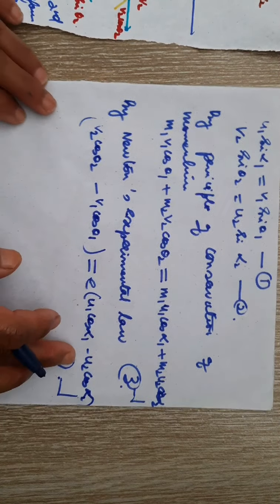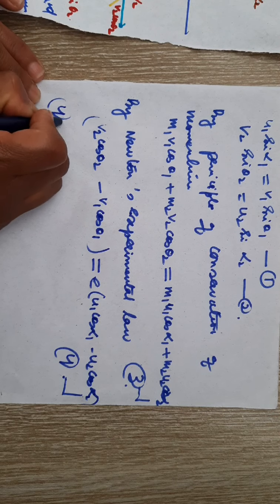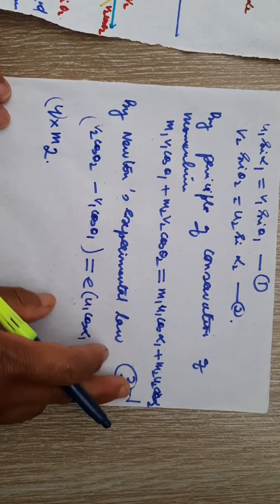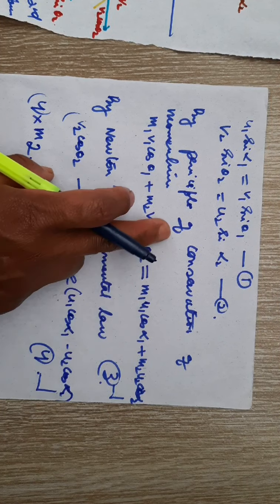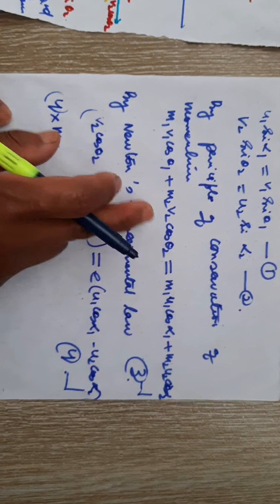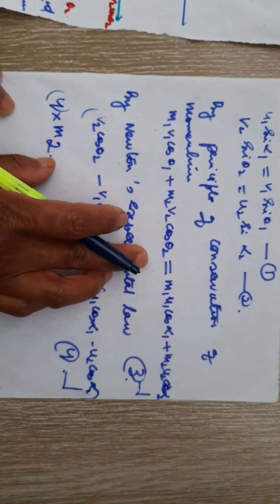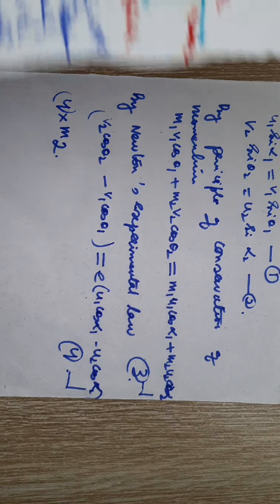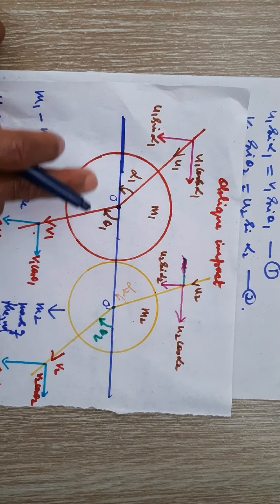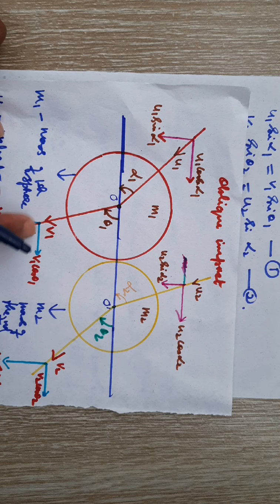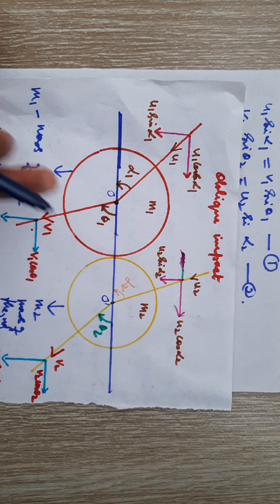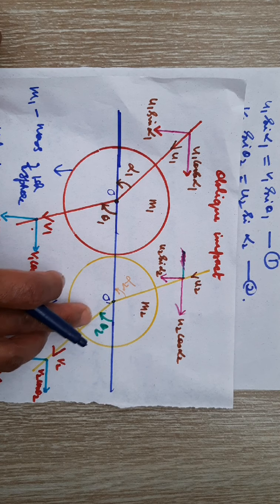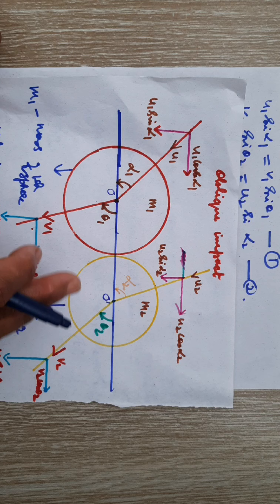Now if you multiply equation 4 by m2 first, and then combine it with equation 3 that you got from the principle of conservation of linear momentum, some terms will be cancelled. We are interested in finding the component velocity of the first sphere after impact along the line of impact, and also the velocity of the second sphere after impact along the line of centers.